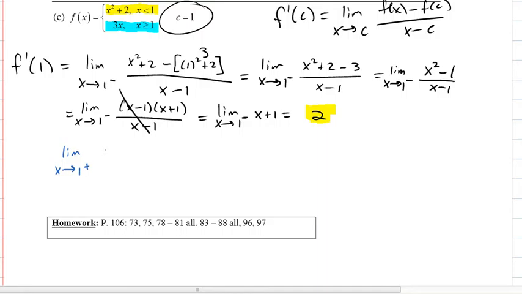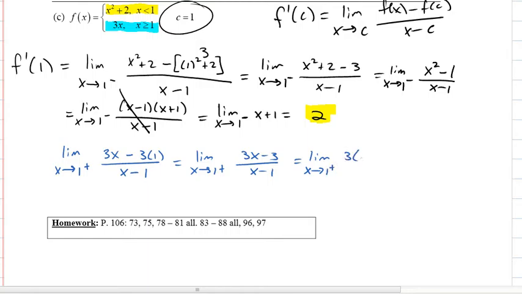It's going to be 3x minus 3 times 1, which is the limit as x approaches 1 from the right of 3x minus 3 over x minus 1, which I can factor out a 3 from the top, and I get 3 times x minus 1 over x minus 1, and I see that I can cancel those out, and the limit from the right is 3.